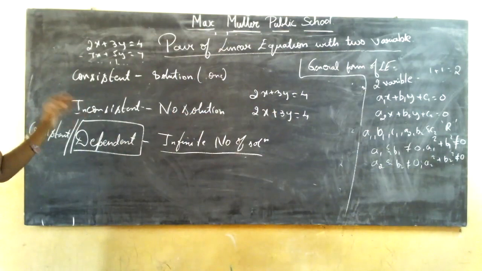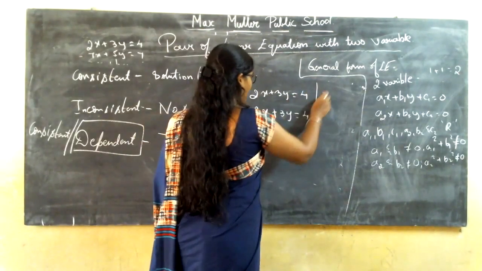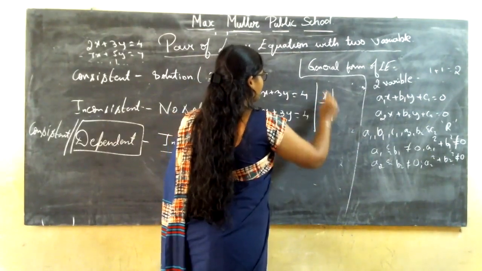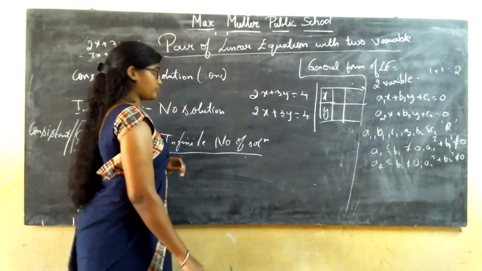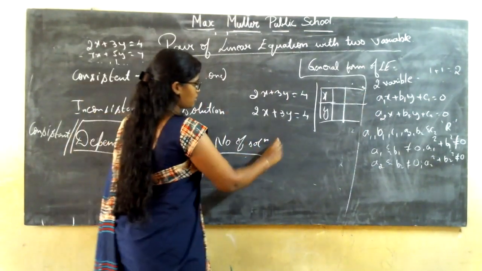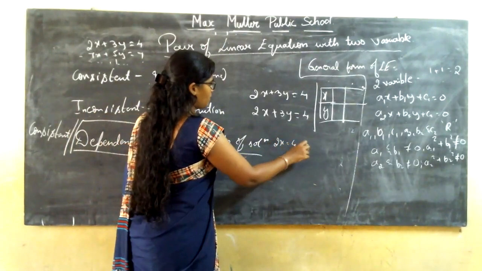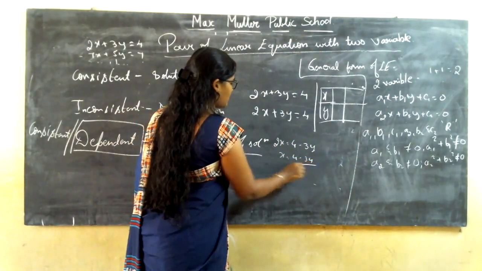If both equations represent the same points, if I find out the x and y coordinates for this equation, what will you get? So 2x is equal to 4 minus 3y, and x will be equal to 4 minus 3y divided by 2.